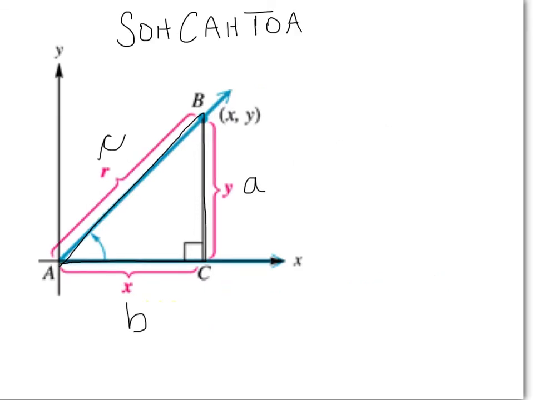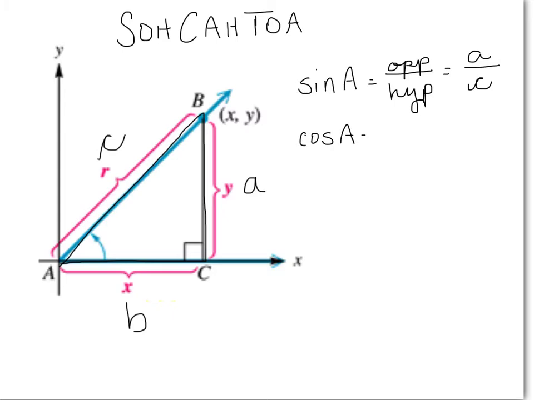So if I use this particular triangle, I could take the sine of angle A. It's the side opposite of A divided by the hypotenuse. Well, opposite of A is lowercase a. The hypotenuse is lowercase c.